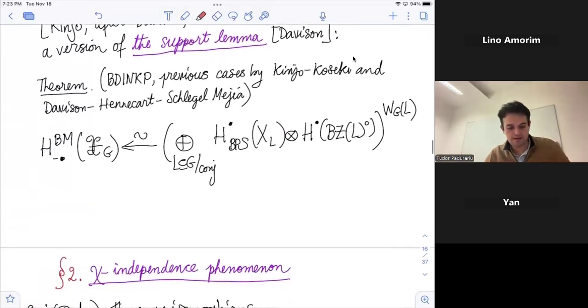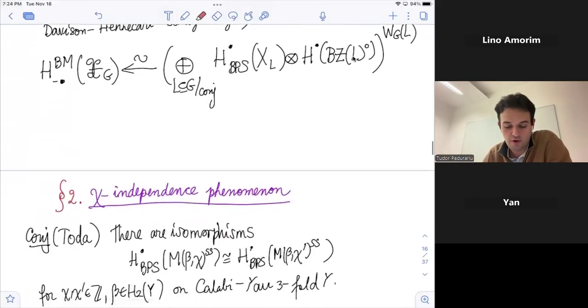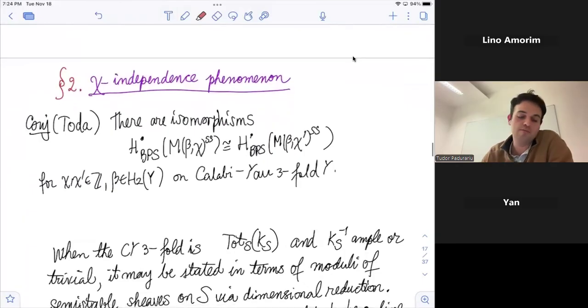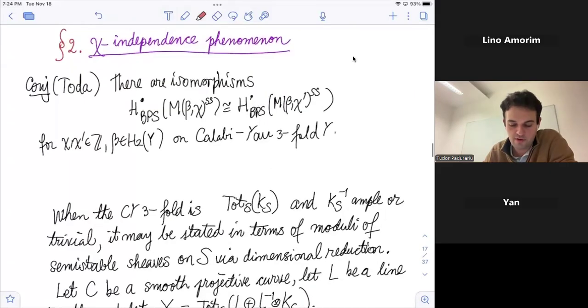Okay, so in the last 7 minutes, let me mention some application of BPS cohomology that I find interesting. As I said, there are many developments, and the study of these BPS cohomologies was motivated by problems in enumerative geometry of Calabi-Yau threefolds.